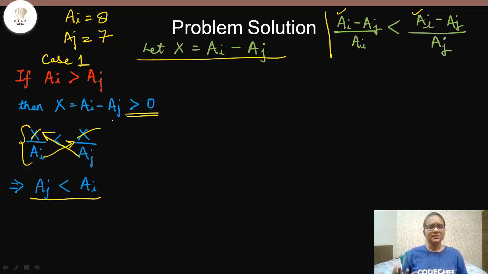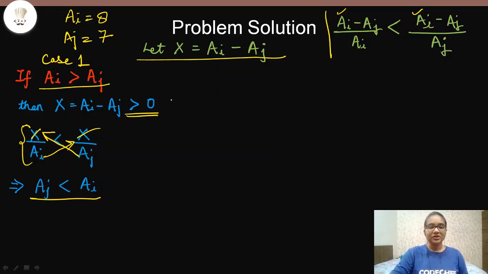This is just like simple cross multiplication that we used to do in the smaller classes. If you do that, then AJ will come out to be less than AI, or you can say vice versa, AI will be greater than AJ. So all such elements where AI is greater than AJ will satisfy our condition, and those kinds of elements will be called a beautiful pair.